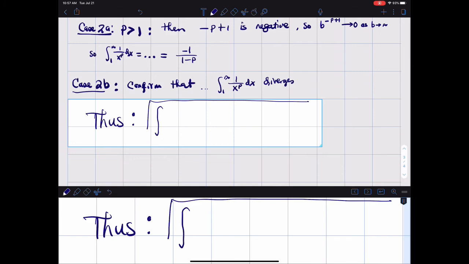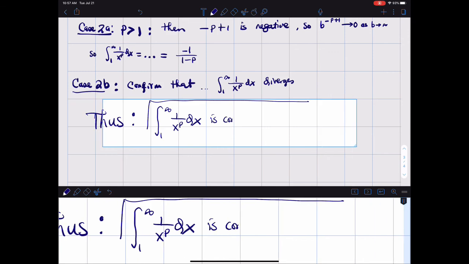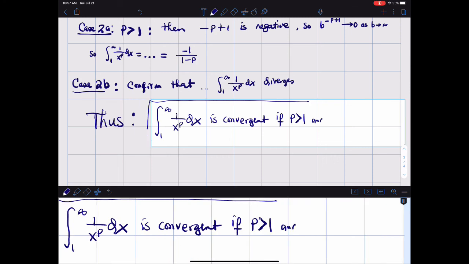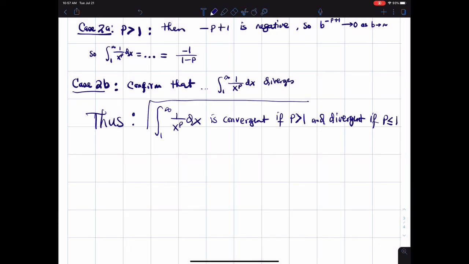The integral from 1 to infinity of 1 over x to the p dx is convergent if p is greater than 1 and divergent if p is less than or equal to 1. So that's the result we're going to take away.